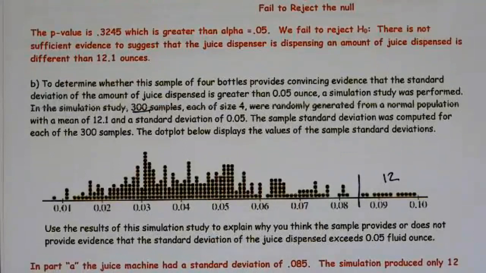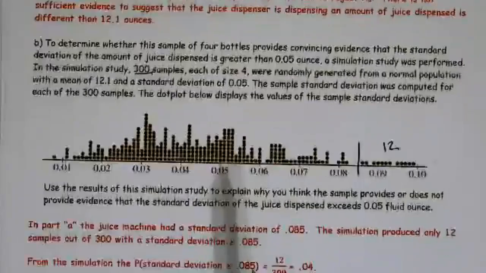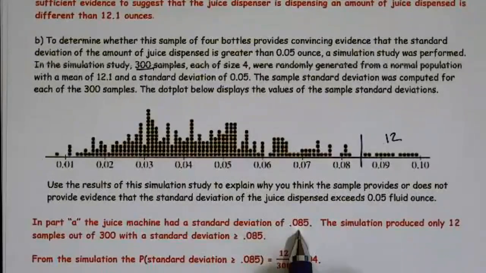Use the evidence of the simulation to explain why you think the sample provides or does not provide evidence that the standard deviation is greater than 0.05. Well, we know we got 0.085. The question is, is that enough evidence?